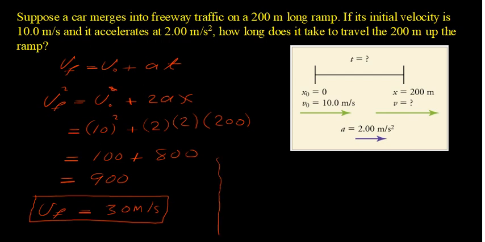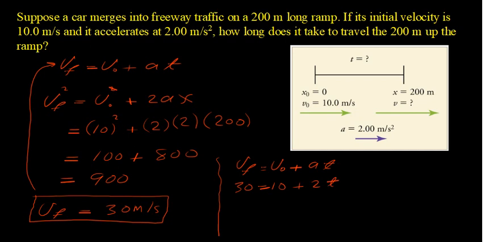Okay, good. So from here, I can go back to this equation and solve for the time. So let's write it down. V final equals V initial plus the acceleration multiplied by the time. This is 30, this is 10 plus 2 multiplied by t.